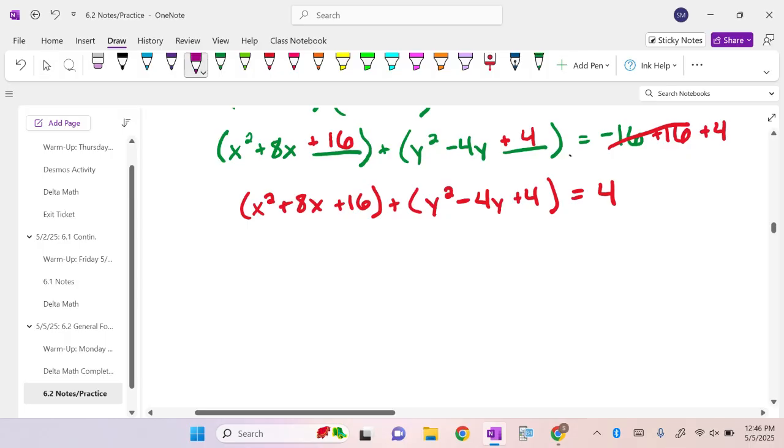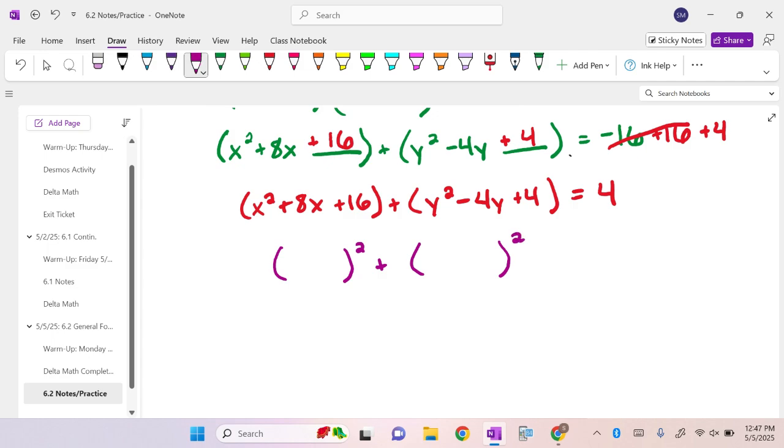Now we're trying to put it into our parentheses all squared form. So for my x's, what's going to go into my parentheses now? X plus 4. Square root the first, keep the sign of the second, square root the third. So that'll be x plus square root of 16 is 4.